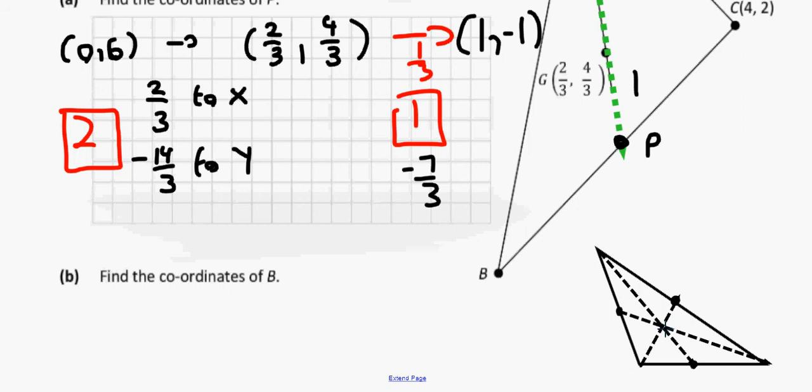So, there's a really cheap way of doing this. We're going to do this 2 different ways. Because it is the centroid, what do we know? That P has to be the midpoint. So, I think one of you did it this way. So, this is the midpoint. So, how'd you go from 4 to 1? Anybody know how you do that?